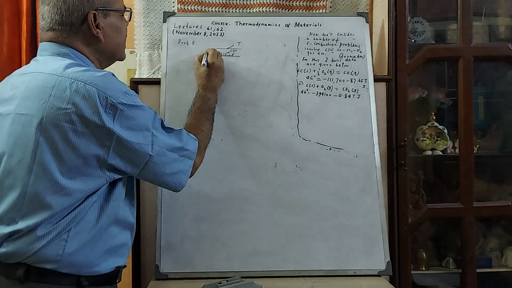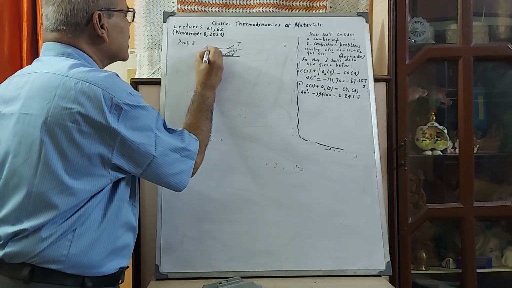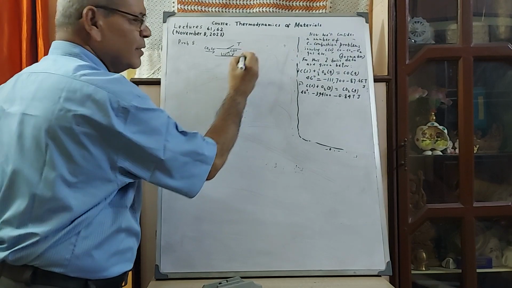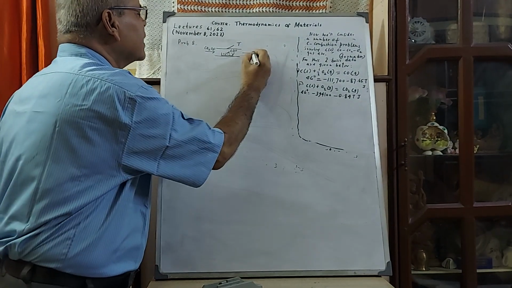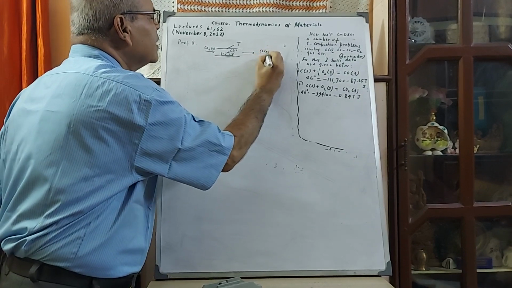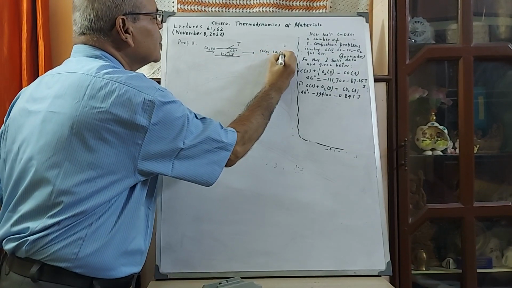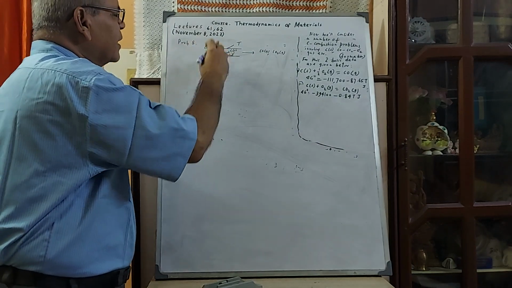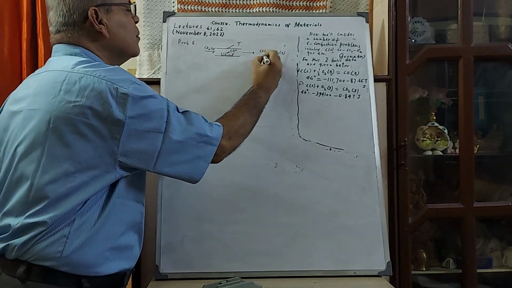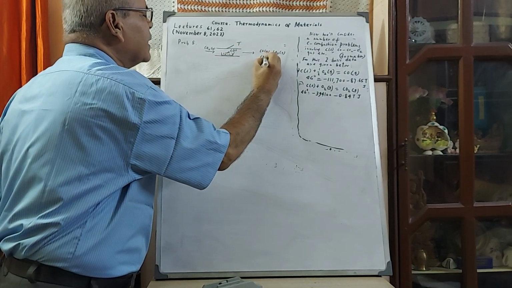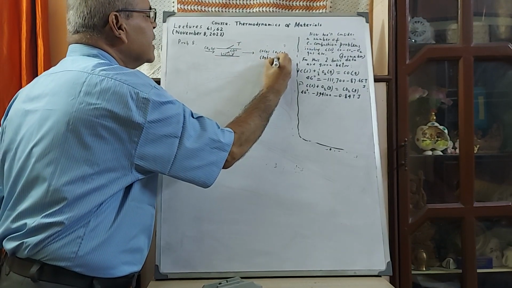And what is entering? CO2 gas. What exits? CO gas and CO2 gas both. So carbon dioxide reacts, and it is an equilibrium. CO gas, I'm writing, equilibrium attained.